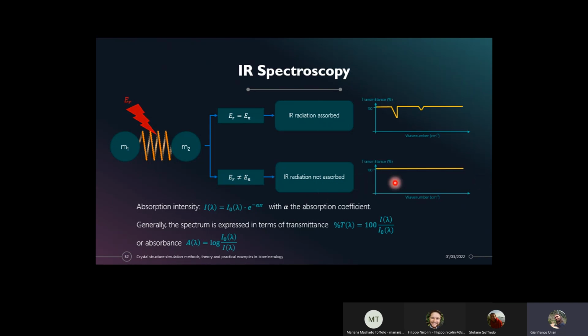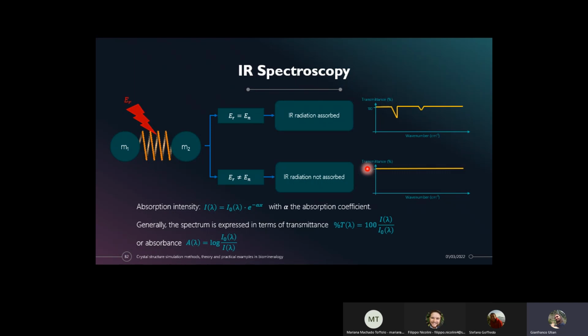Virtually, you observe transmittance, which means you measure in infrared. I have my sample, I have my infrared light that goes through it, and I have a detector here. So I measure the light that goes to my detector.